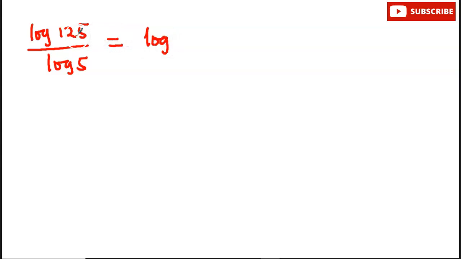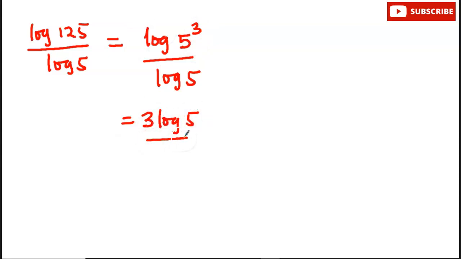Log 125 can be written as log 5 raised to the power 3, over log 5. And by power law, we bring the power forward. So 3 log 5 over log 5. So this cancels that, and we are left with 3.